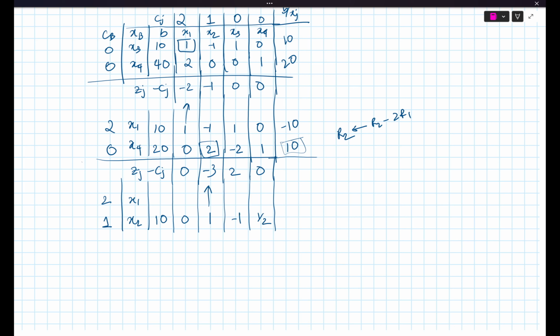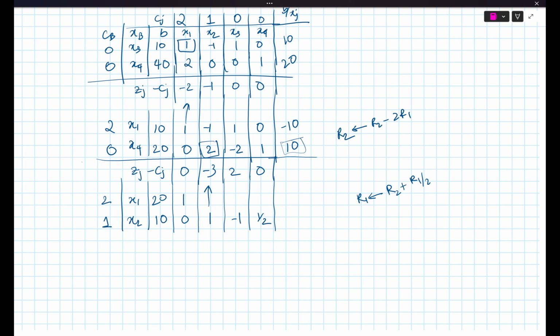And I'll do row 1 as row 2 plus, sorry, row 1 by row 2 plus row 1 by 2. So row 1 by 2 we have already done here, so we will add this to it.